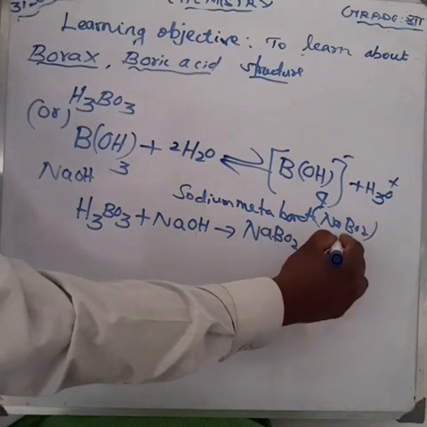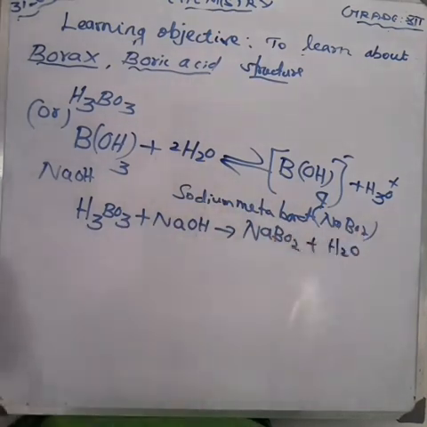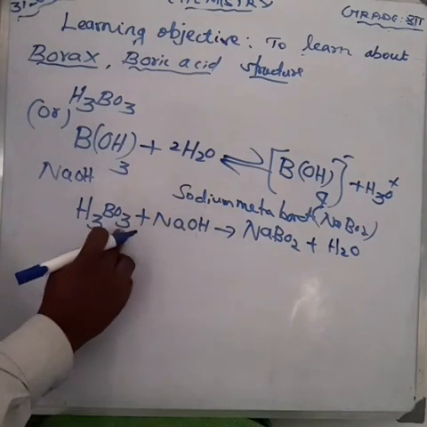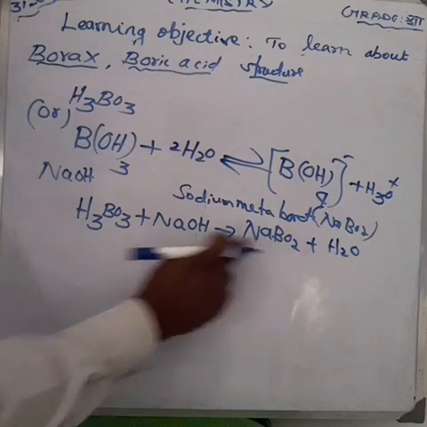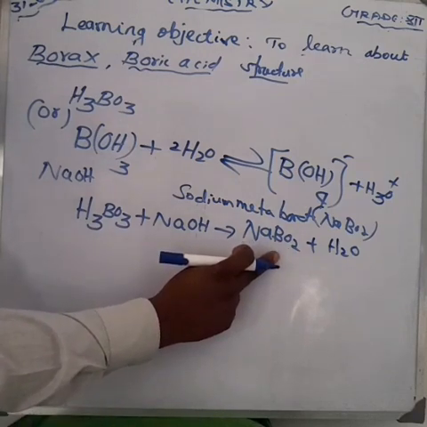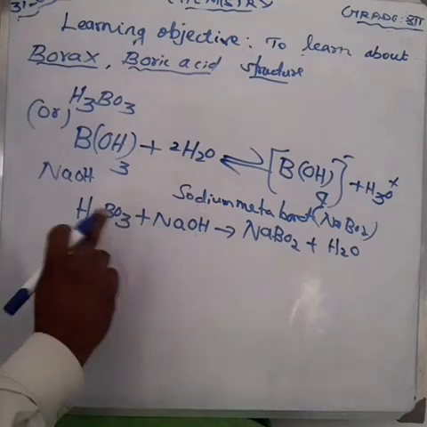Next, what is the other product? This hydrogen combines with the OH, we get H2O. Don't forget, here we have BO3 and here BO2. This name is sodium metaborate, NaBO2.